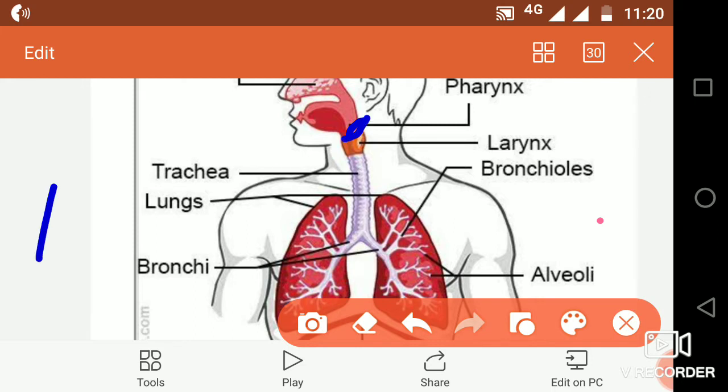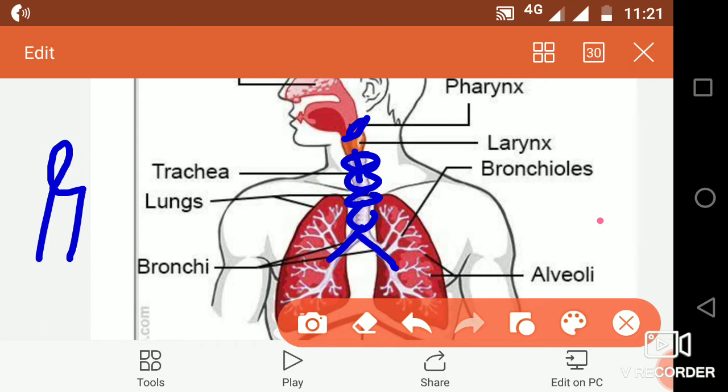This is the larynx tube, and this will be the epiglottis, which covers the larynx, and when we talk, the air passes through it and the sound is produced. After that, the air goes to the trachea, which is made up of cartilage rings. The cartilage rings keep it flattened even when there is no air.